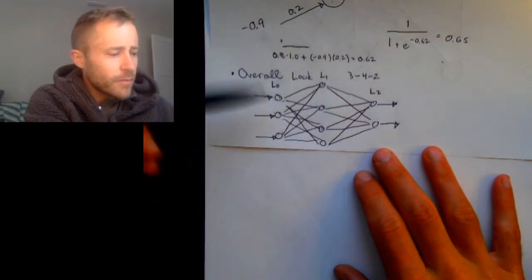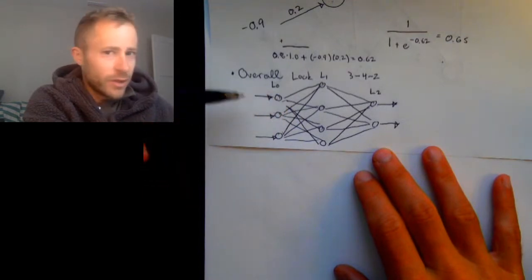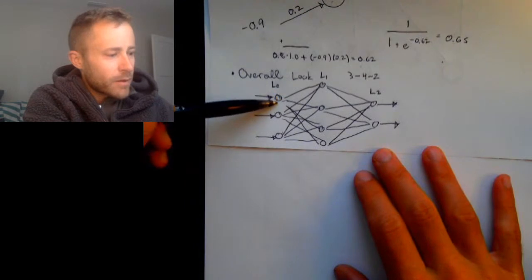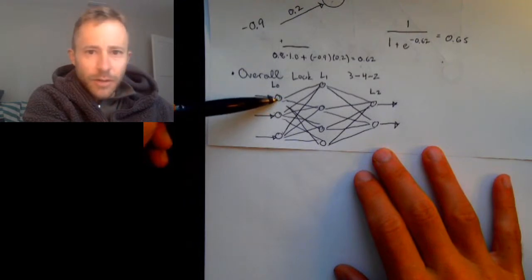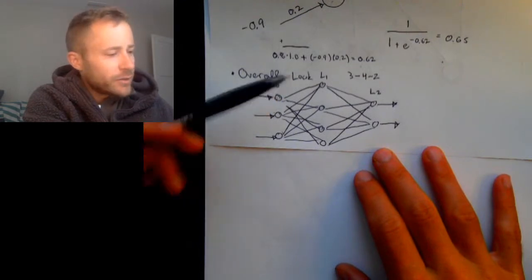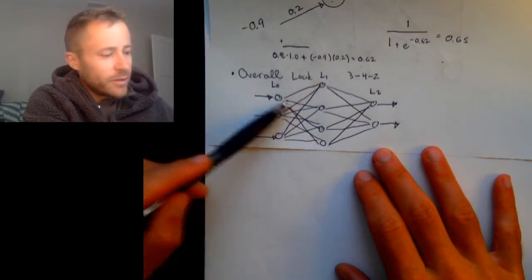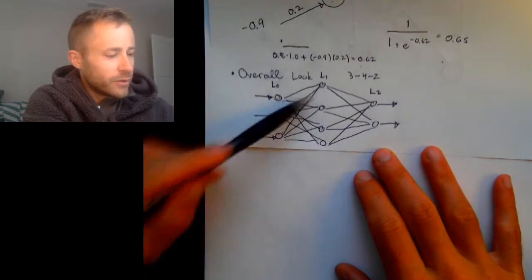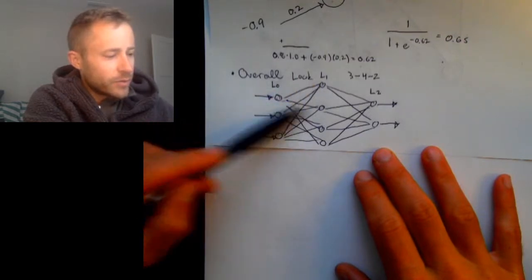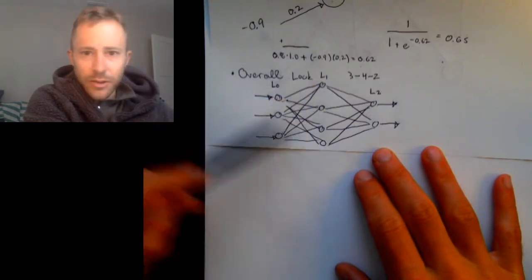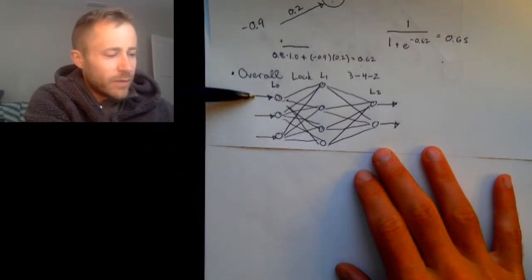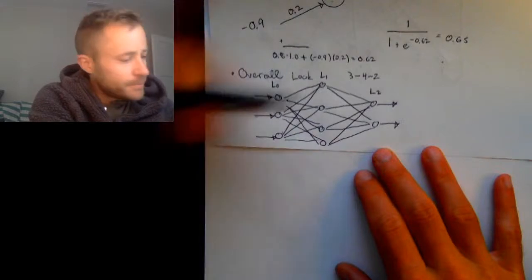Okay, and so what you can see is that each neuron has synapses that lead into the next layer. So this neuron has 4 synapses that lead into the neurons in the next layer. Okay, and so we have an input signal.